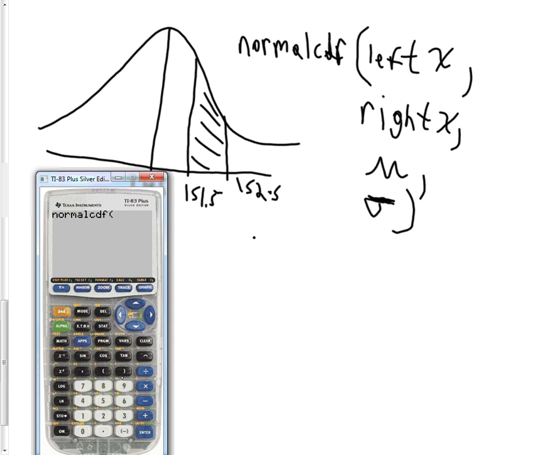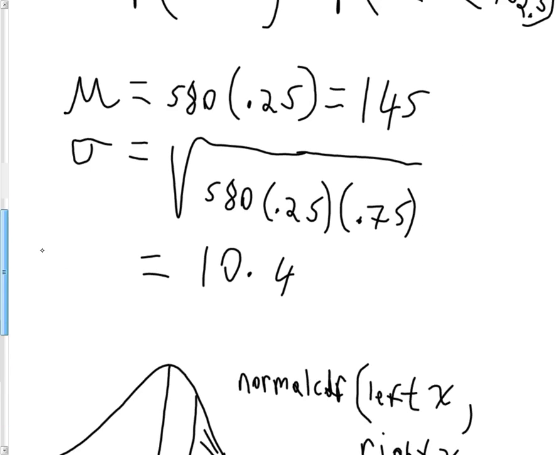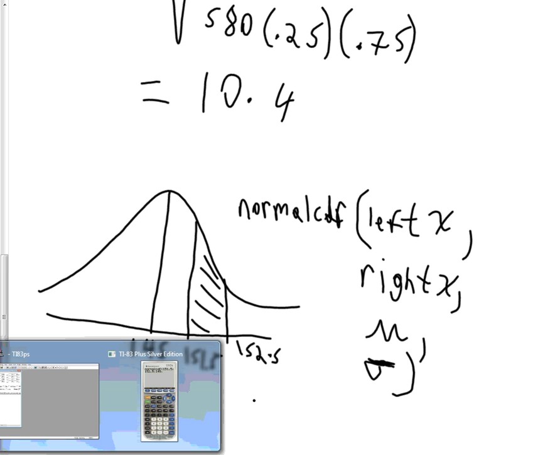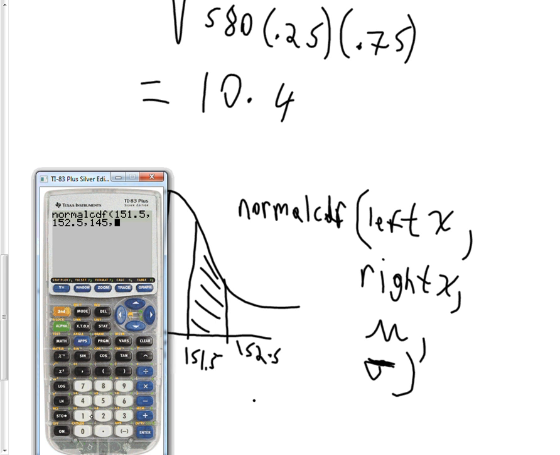Instead of just putting in the left z-score and the right z-score, I'm going to put in the left x value, which is 151.5, comma, the right x value, which is 152.5, and then the mean, which was 145, and the standard deviation, which was 10.4. I close my parenthesis and I press enter.